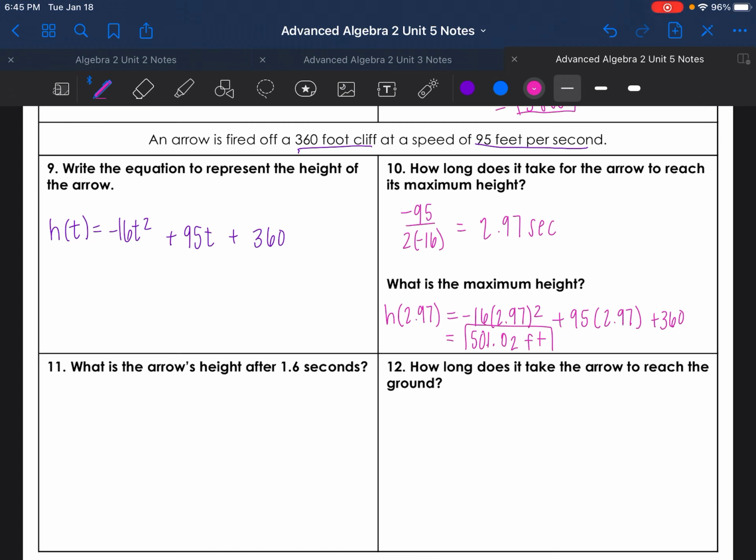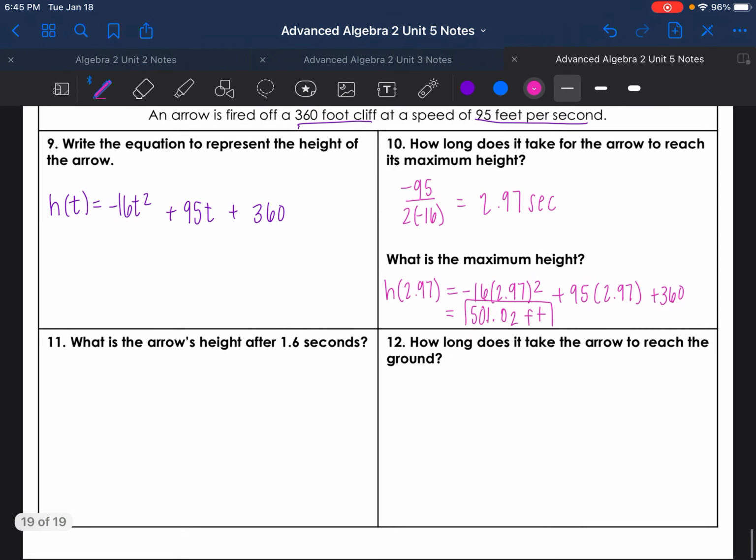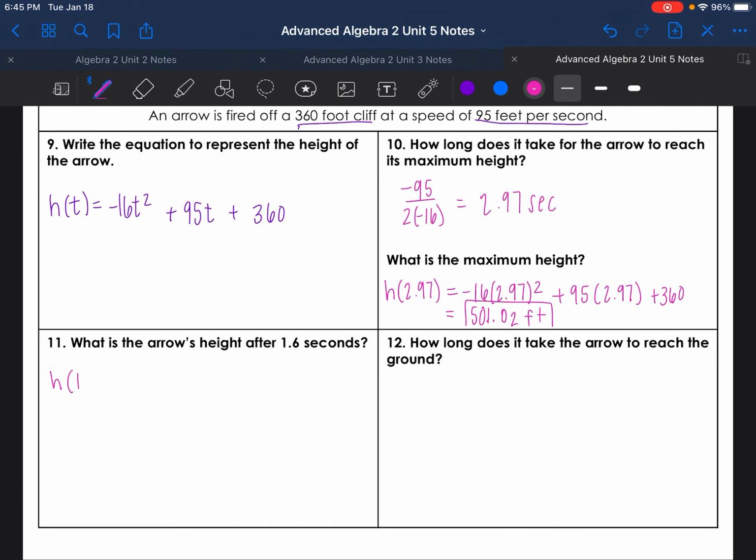Number 11, what is the height after 1.6 seconds? So we're going to find h of 1.6. The good thing about using the store button is that I've already typed in the equation.